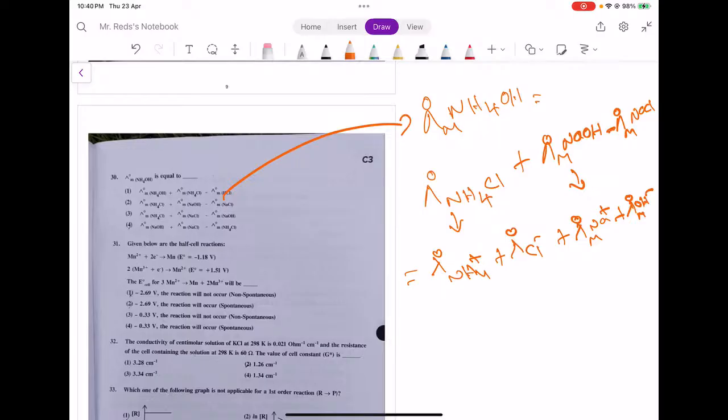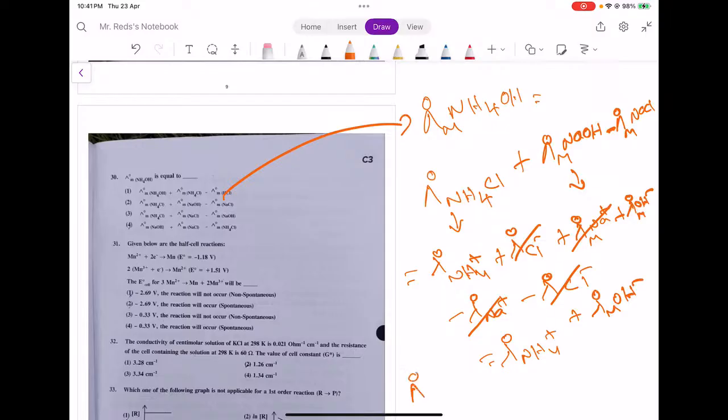The Cl minus and Na plus terms cancel out, so the sum of the infinite molar conductivity of the ammonium ion and the hydroxide ion is equal to the infinite molar conductivity of NH4OH.